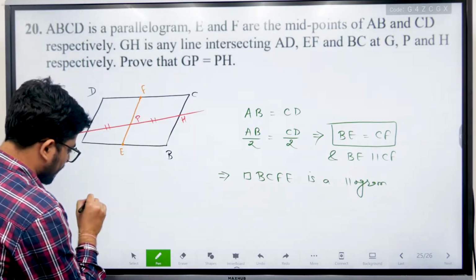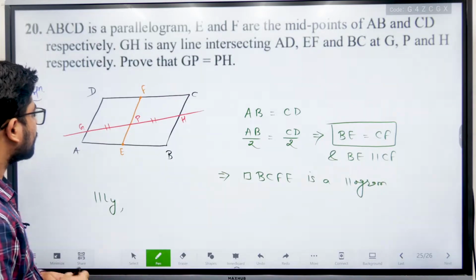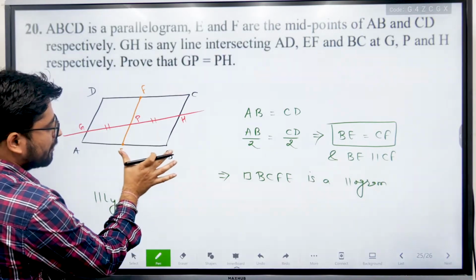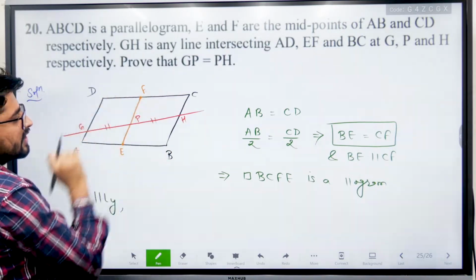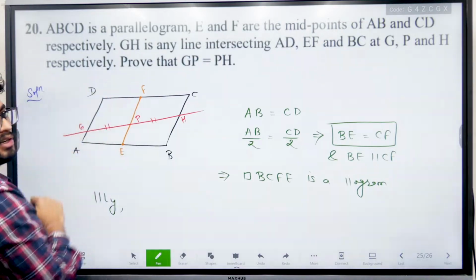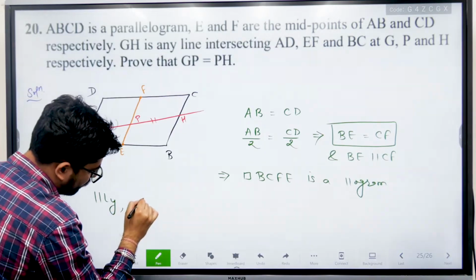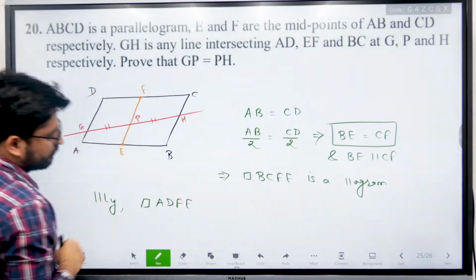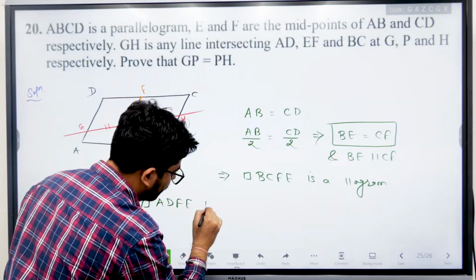Similarly, AE is half of AB and DF is half of CD, and AE is parallel to DF. So similarly we can say ADFE is a parallelogram.